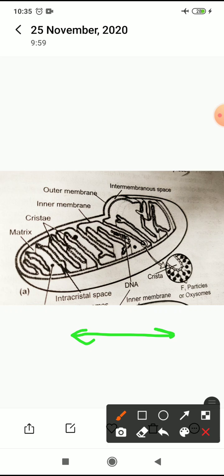In green plant cells, they are fewer in number than in animal cells because some of their functions are taken over by chloroplast. Mitochondria are generally evenly distributed in the cytoplasm.